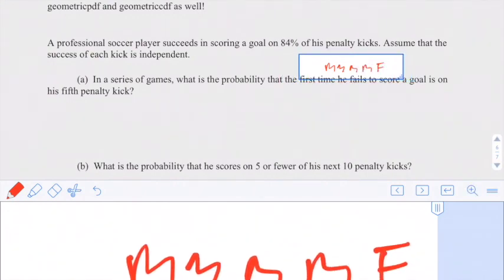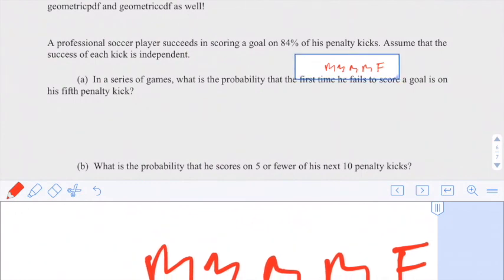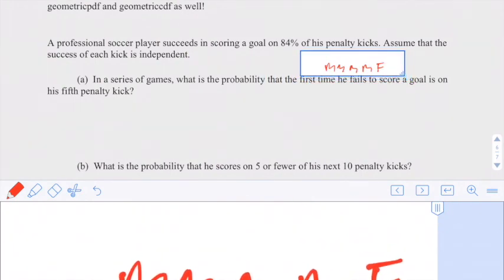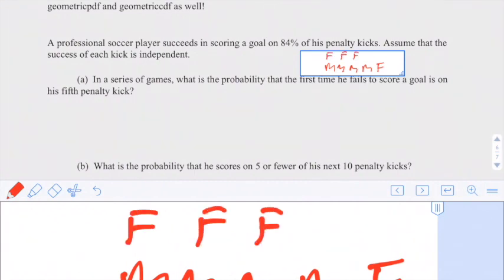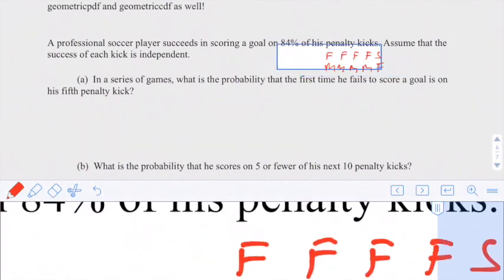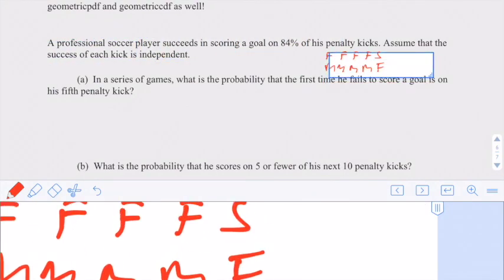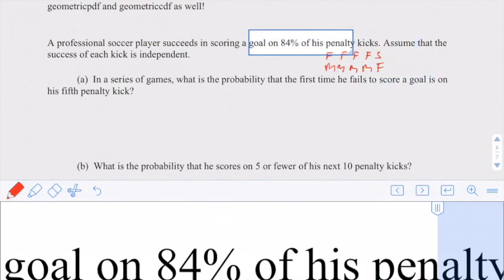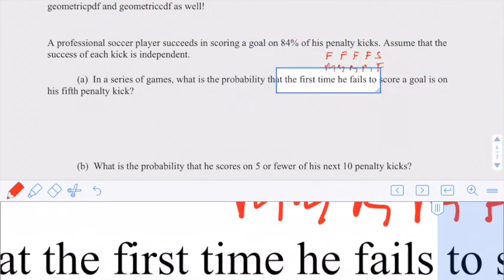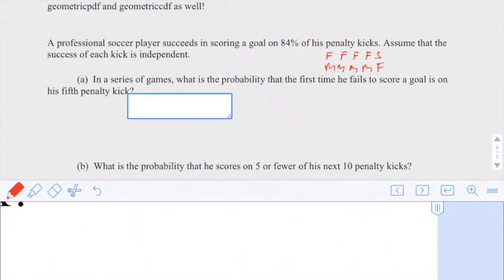So this is a little different. This is kind of backwards. If we say trials until our first success, really we're saying failure, failure, failure, failure, success. Even though we defined a success as scoring, a success in this case is missing. So we could do this pretty easily without the calculator.